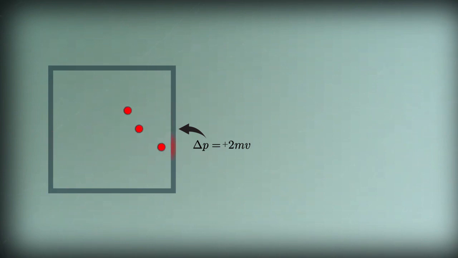So, in a time delta t, how much momentum does the wall absorb? Well, let's say all the particles have the same speed, v, and half are moving to the right and half are moving to the left. The particles that hit the wall are the ones that are moving to the right and that start out within a distance of v delta t from the wall.